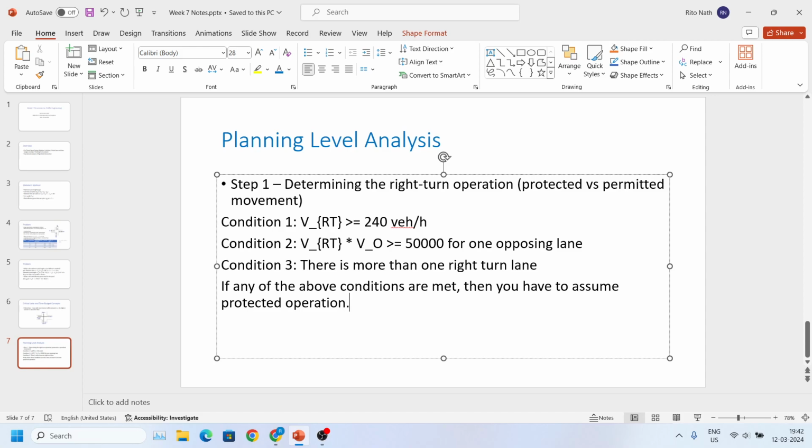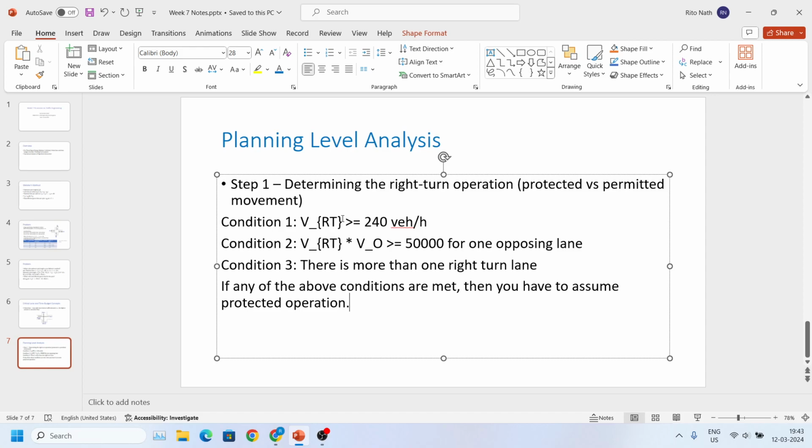You check the first condition first. If it is not satisfied, then only you go for the additional checks. If both of them or one of them is satisfied, then the protected movement has to be given. Those kinds of decisions are relevant in planning level analysis.